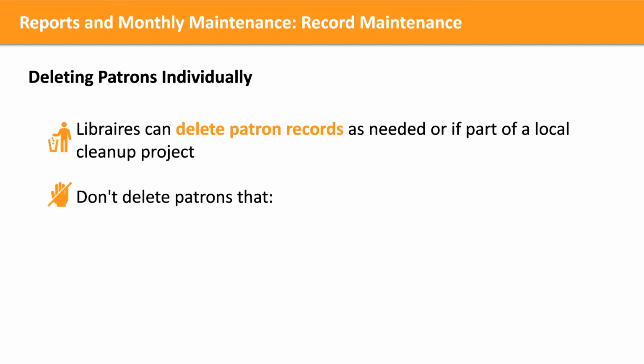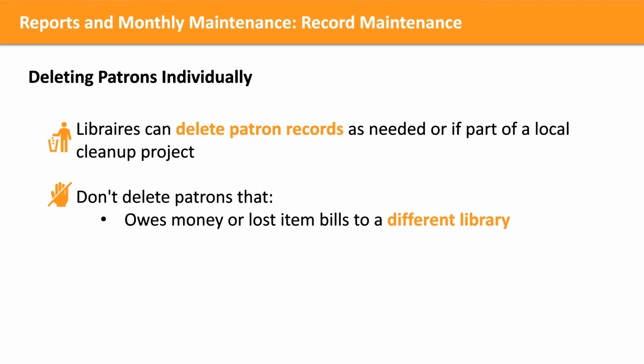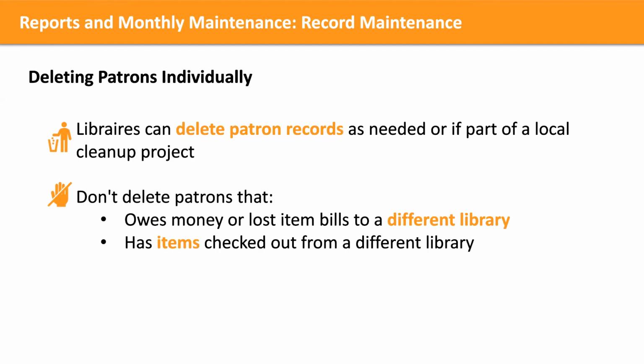Libraries should not delete a patron if they owe money or lost item bills to a different library. Now that most of our libraries are fine-free, existing fees are going to be things like fees that have been manually added or those lost item bills. Also, do not delete a patron if the patron has items checked out from a different library. So those two should be fairly obvious ones, but just some important guidelines to keep in mind before you delete a patron.